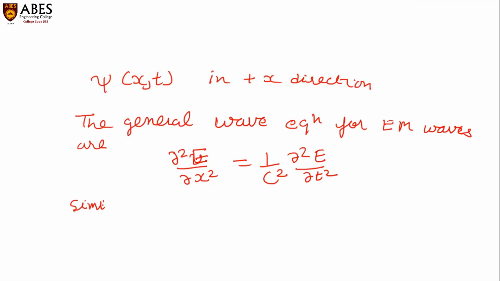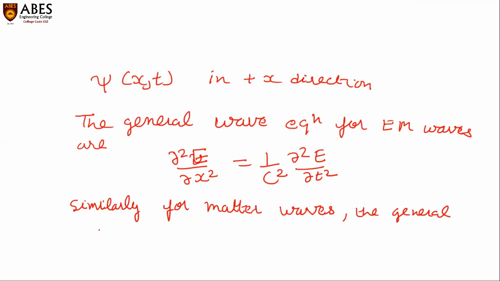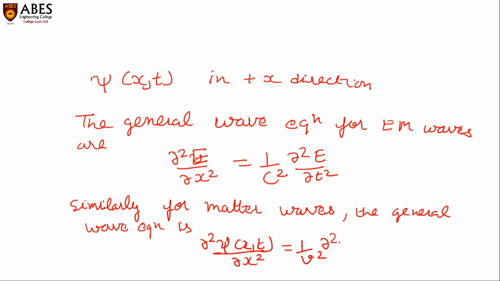Similarly, for matter waves, the general wave equation is del square psi(x,t) over del x square is equal to 1 upon v square del square psi(x,t) over del t square, where psi(x,t) is the wave function which represents the variation of matter waves.